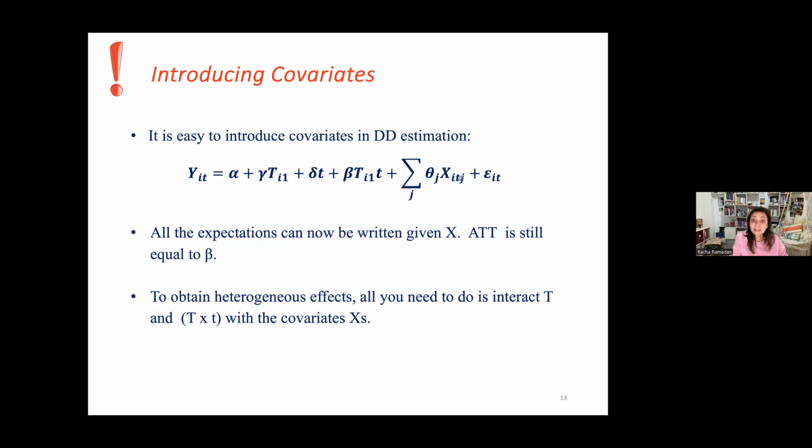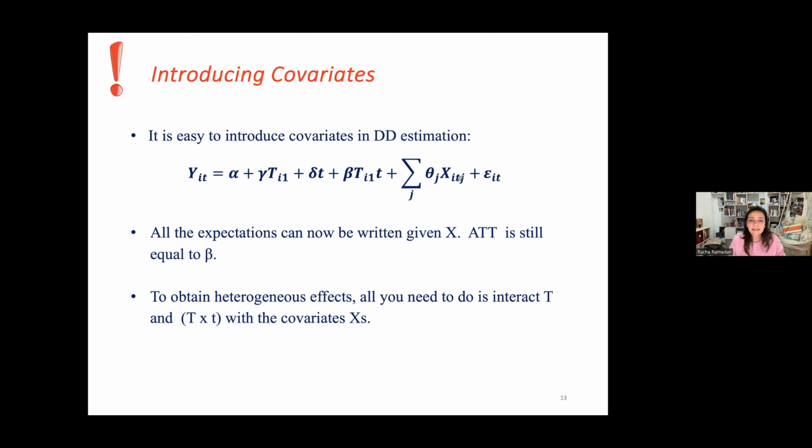If I assume that individuals in rural areas will benefit more from the Forza program compared to individuals from urban areas, so I assume that the effect of Forza on the income of individuals in rural areas is different from the effect of Forza on the income of individuals in urban areas, I have simply to interact the treatment dummy and the treatment and time dummy with the urban-rural variable, okay?